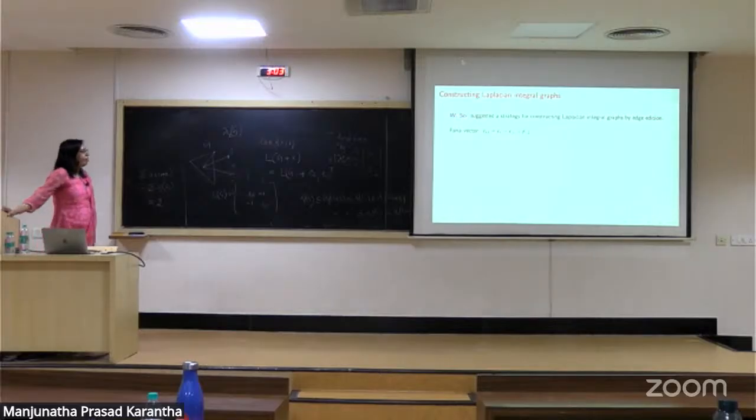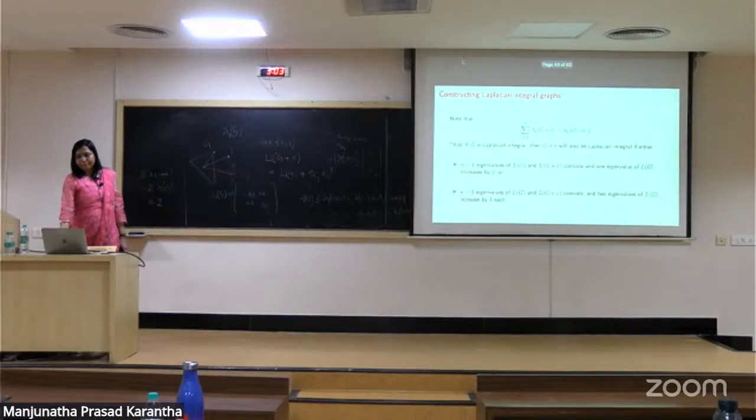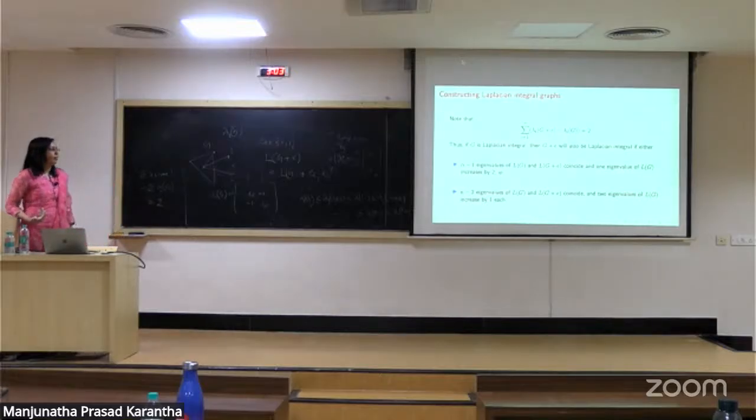So we say that the spectral integral variation occurs at one place if one eigenvalue is increased by 2, and it occurs at two places if two eigenvalues are increasing by 1 each. This is known as spectral integral variation. These two things can occur if we are looking for variation by integers.